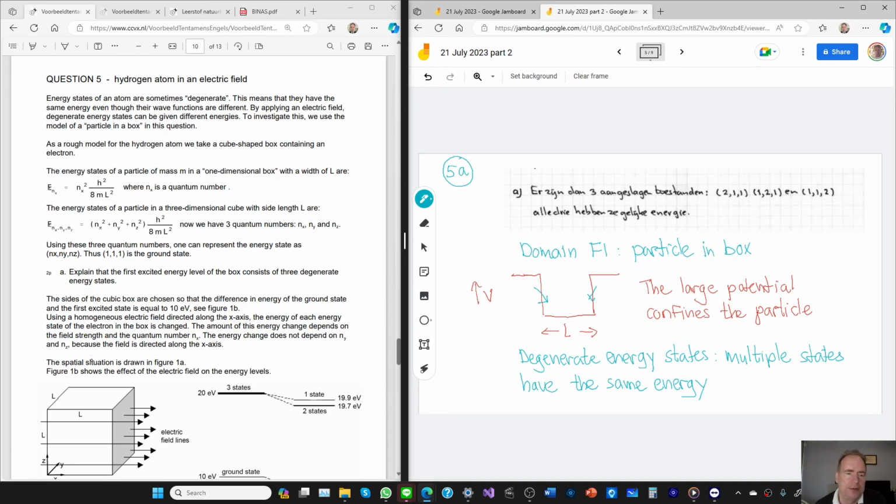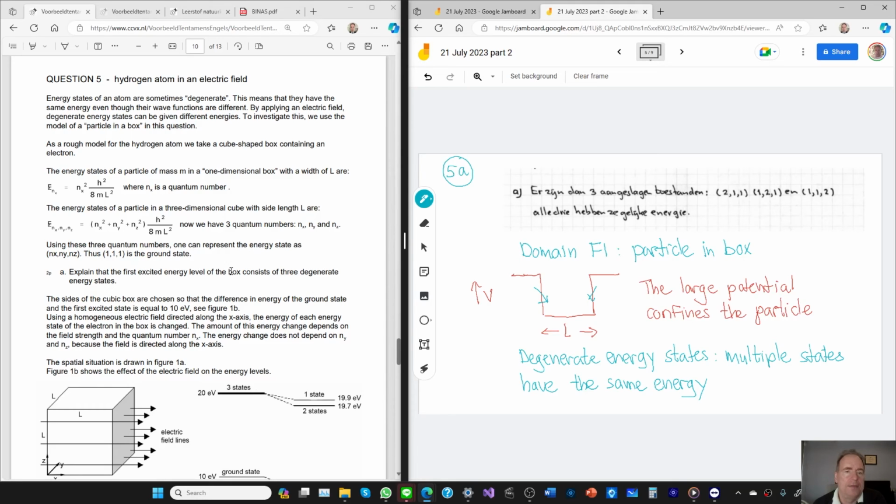So if you solve the equations for quantum mechanics, which you don't need to know, but it's basically the Schrödinger equation, you will find these energy levels with 3 quantum numbers nx, ny, and nz. And they just give the energy levels here, very similar to what they are for a one-dimensional box.